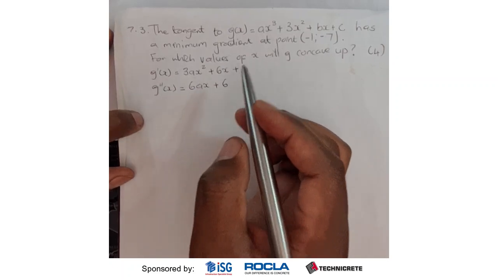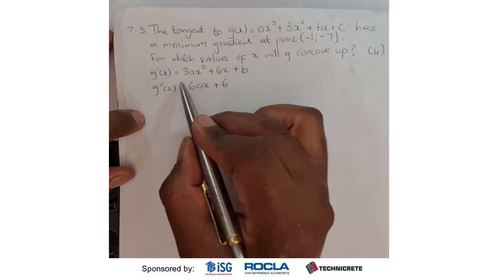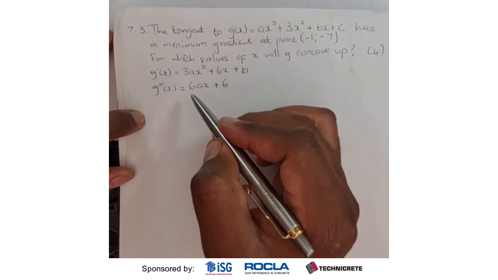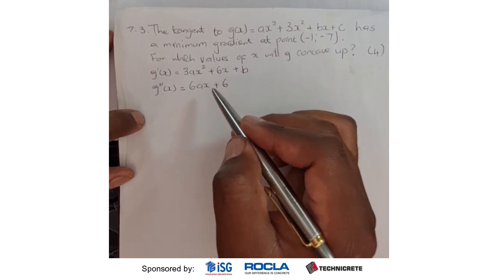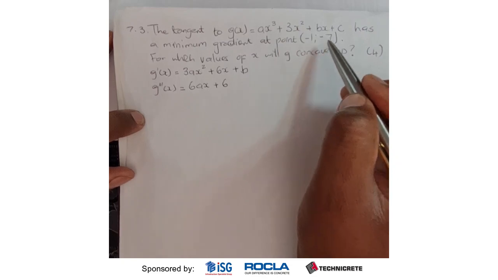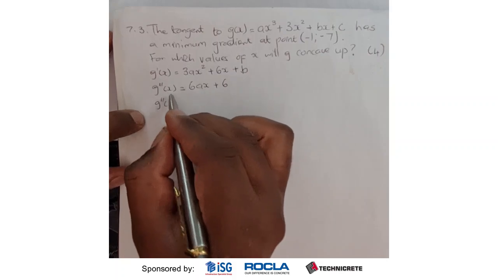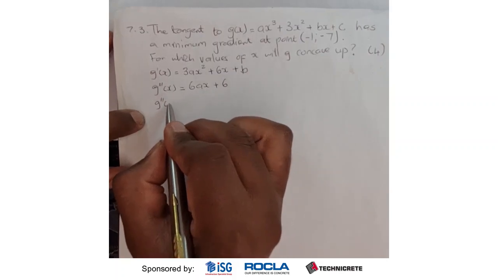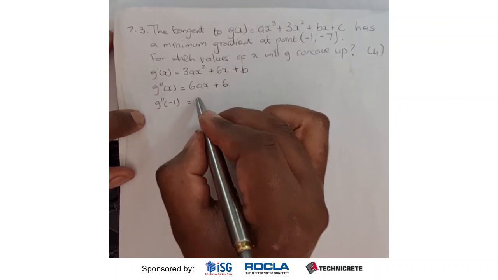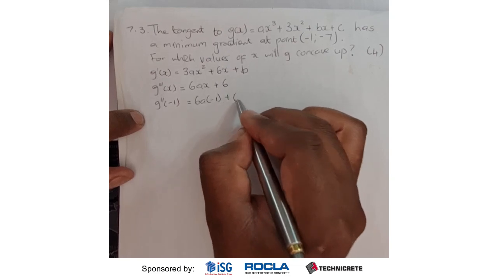Now we have our g differentiated twice. Now what we need to do is the following. At this point, our x is -1. So we need to find our double differential of g of x where x is -1. And that gives us 6a multiplied by -1 plus 6.